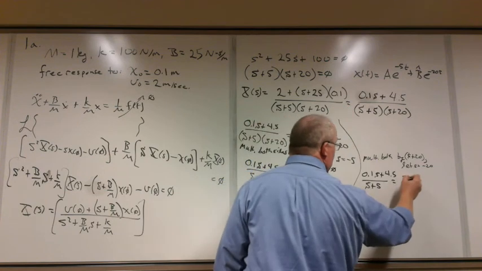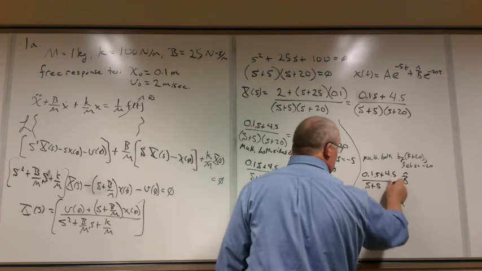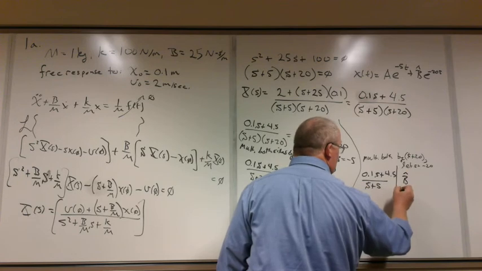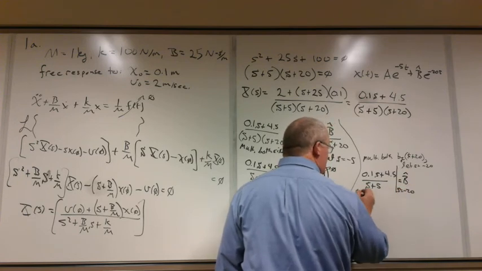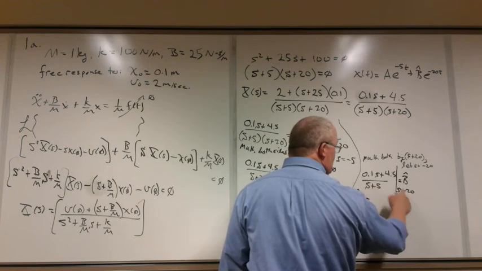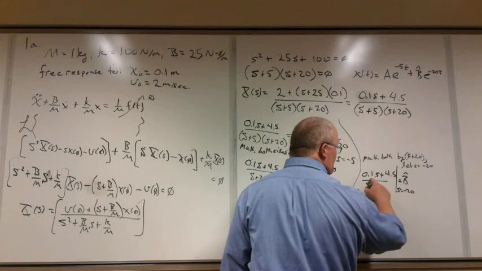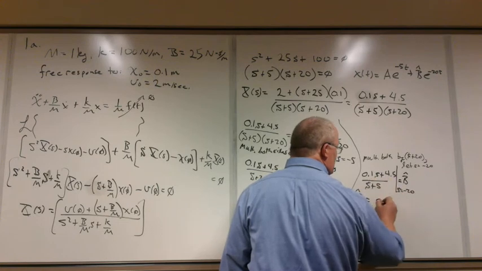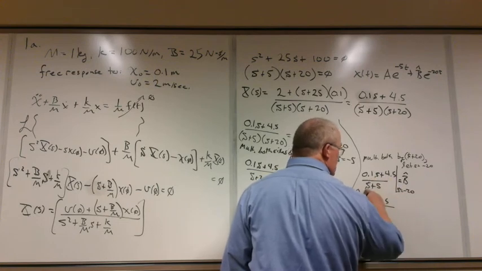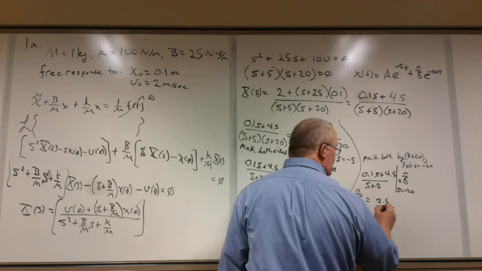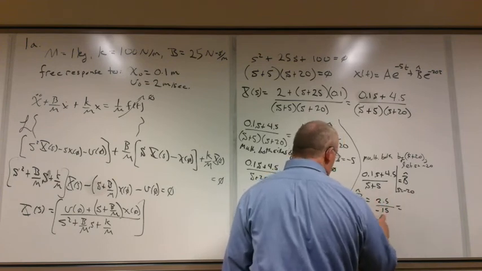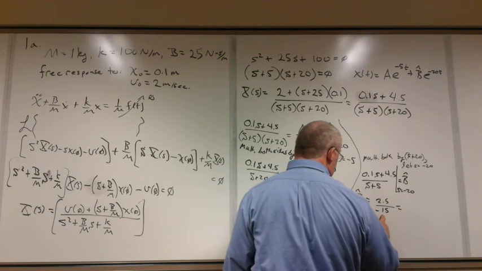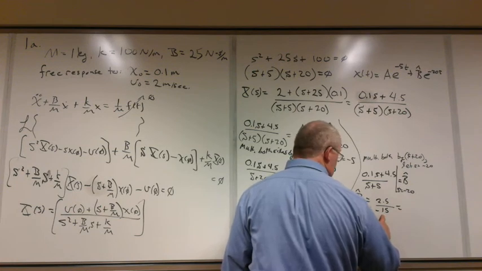This is going to be equal to b hat, all at s equal to minus 20. So b hat is equal to 0.1 times minus 20, which gives us minus 2. Minus 2 plus 4.5 gives us 2.5, over minus 20 plus 5, which is minus 15. 2.5 is going to go into 15 what? 1, 2, 3, 4, 5, 6 times.